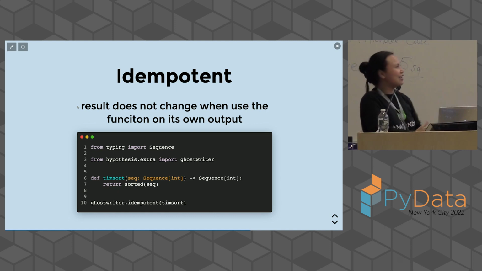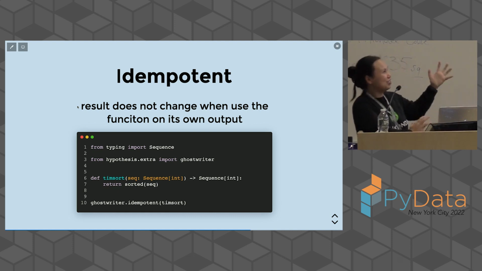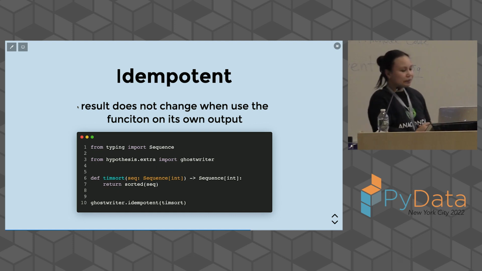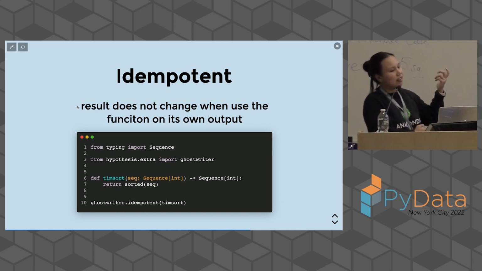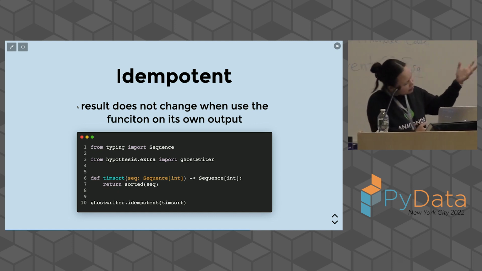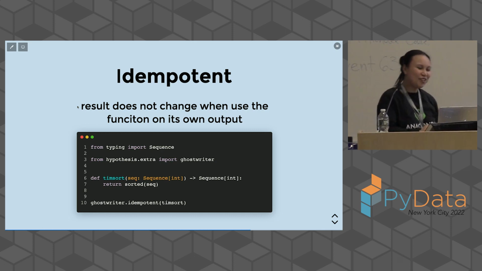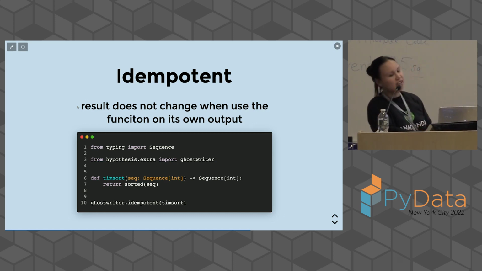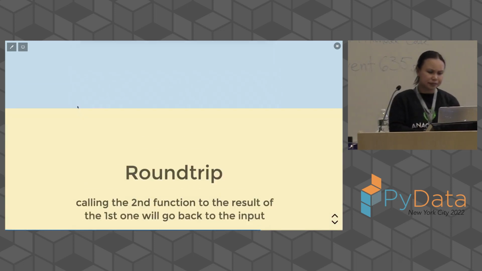If you sort it again, it should not give you something different, otherwise that's random. So for those kinds of functions, you can test it with this strategy. I don't know how to pronounce this word, it's so difficult. You can use it to test a function like a sorting algorithm.